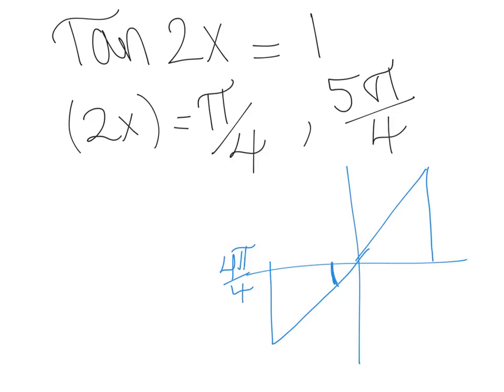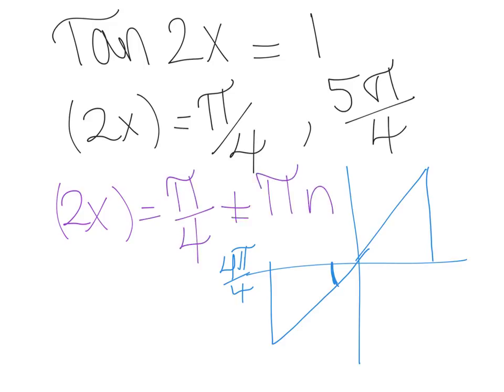I can write a general answer as pi over 4 plus pi n, plus or minus. Because I know that I'll get 5 pi over 4 if I added pi. So instead of saying pi over 4 plus 2 pi n and 5 pi over 4 plus 2 pi n to get the coterminal angles, I can just say pi over 4 plus or minus pi n.